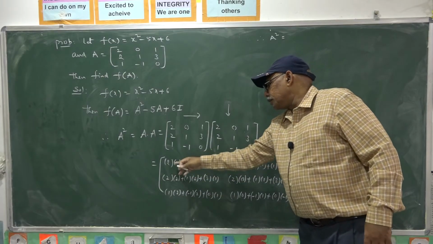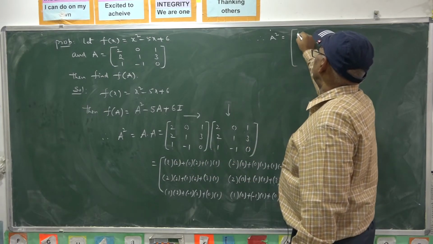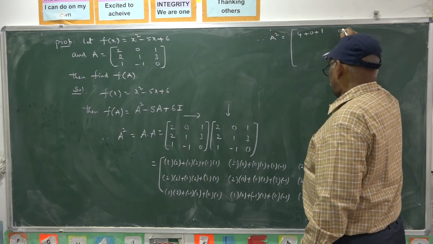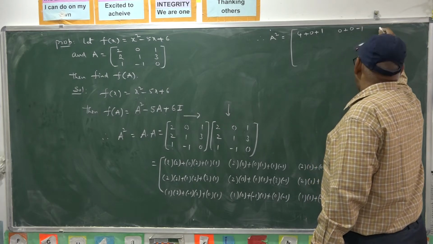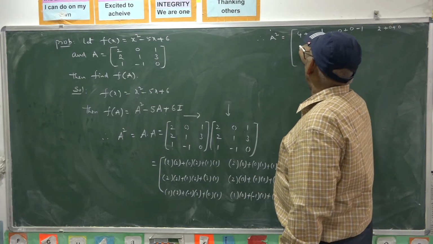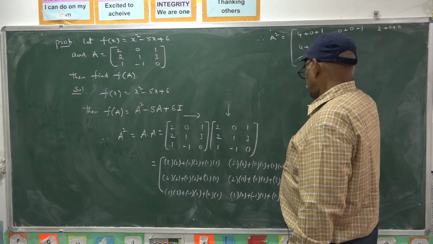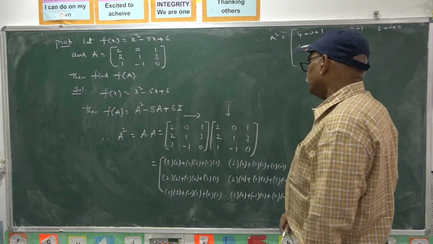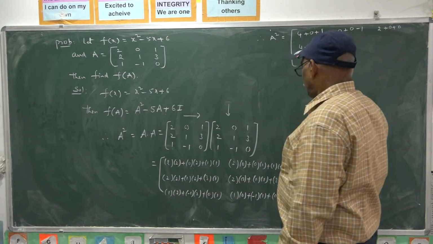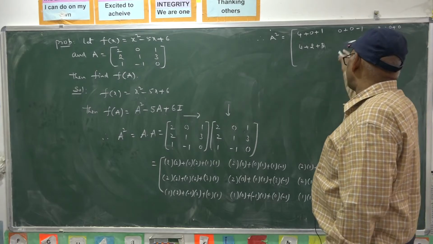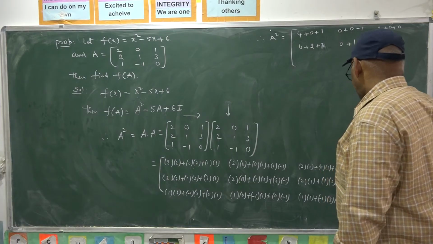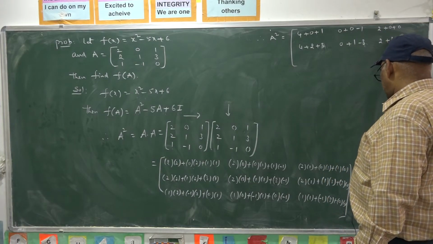on simplification, this is 4 plus 0 plus 1, 0 plus 0 minus 1, and 2, 0 plus 0. The second row is 4 plus 2 plus 3, 0 plus 1 minus 3, and 2 plus 3, 0 plus 0.